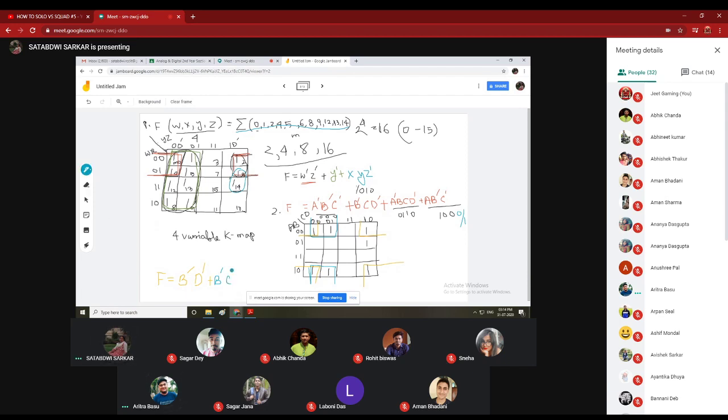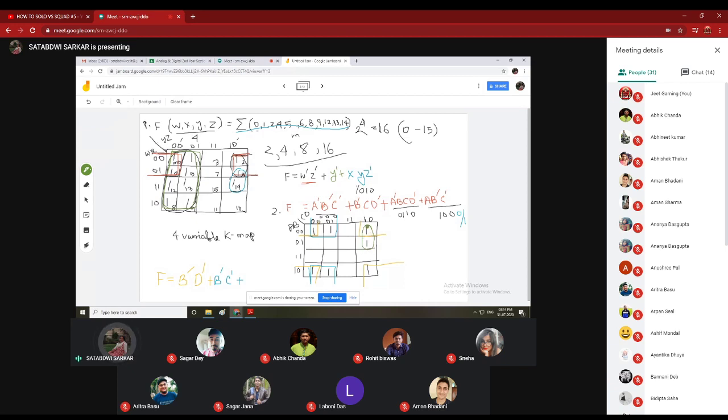C bar plus. Now we can make another pair here. So what will be the value from these two cells?